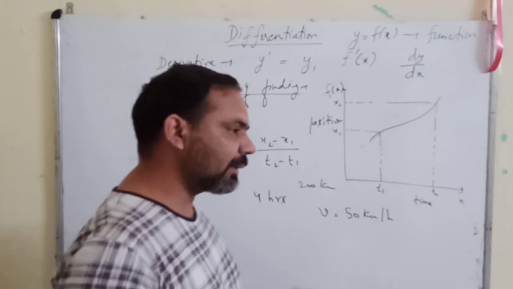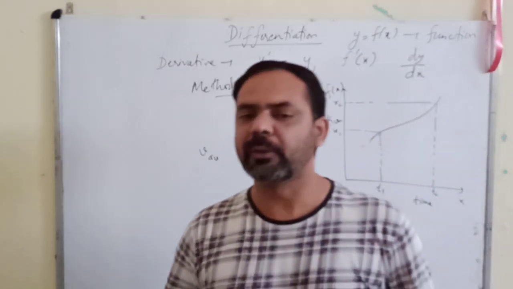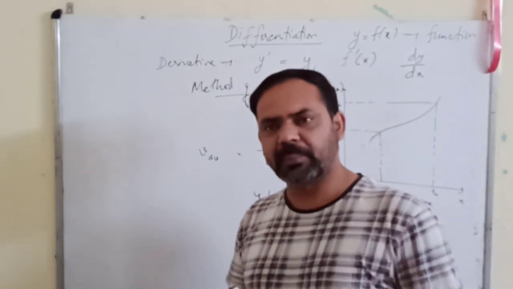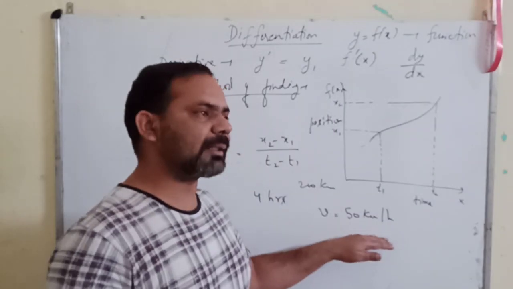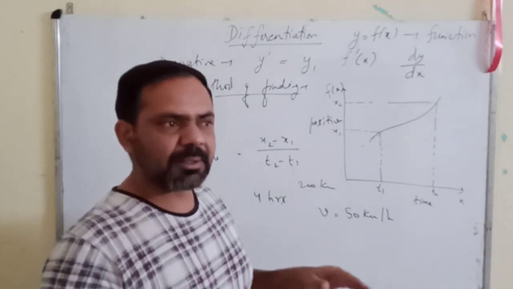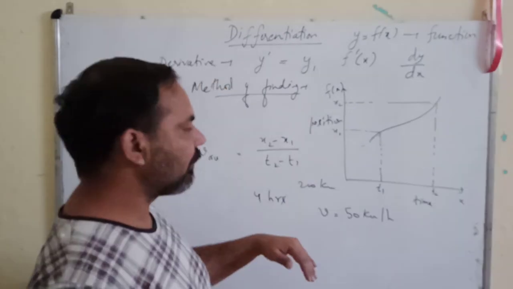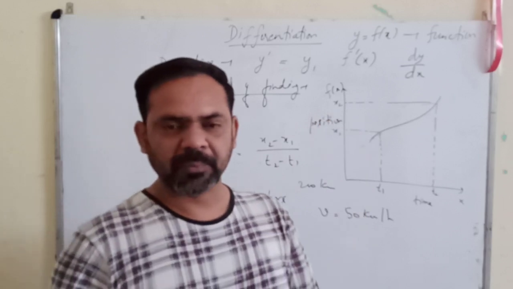Now, does it mean that the car traveled throughout with a velocity of 50 kilometers per hour? No, because the practical situation is that this is the average velocity. It means the car would have moved at a speed of more than 50 km per hour when it was on the highway.